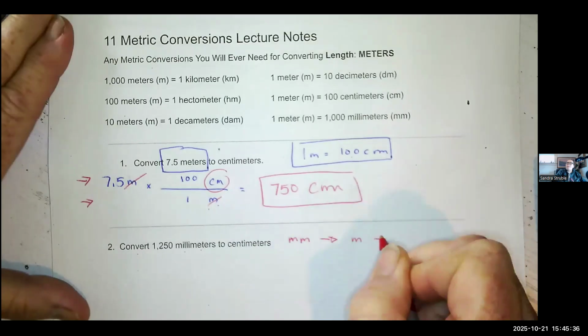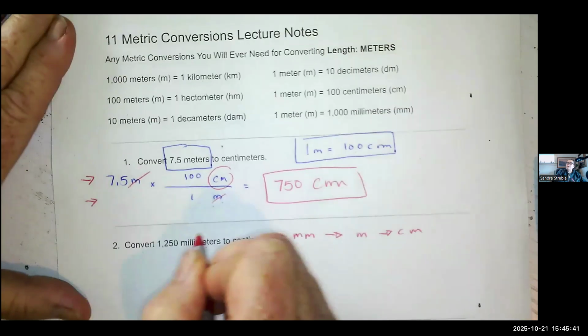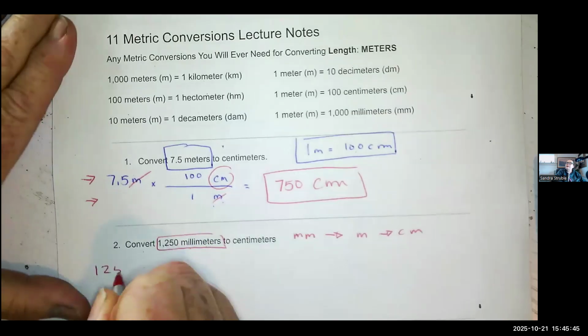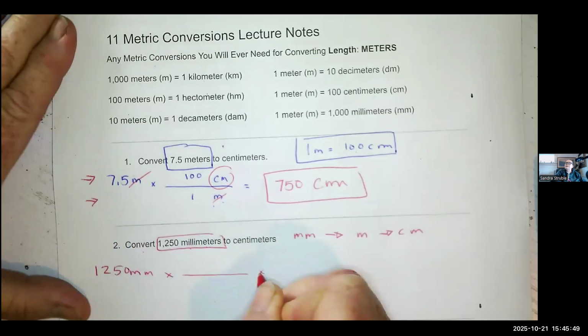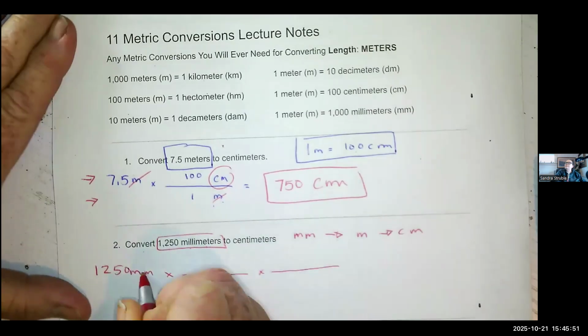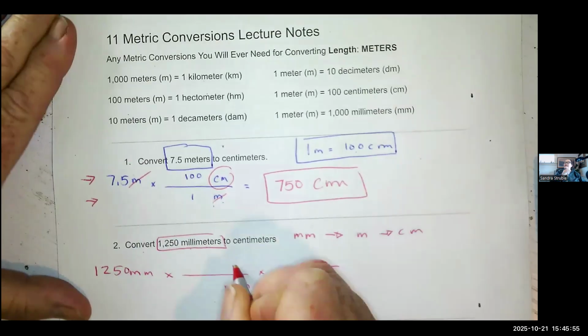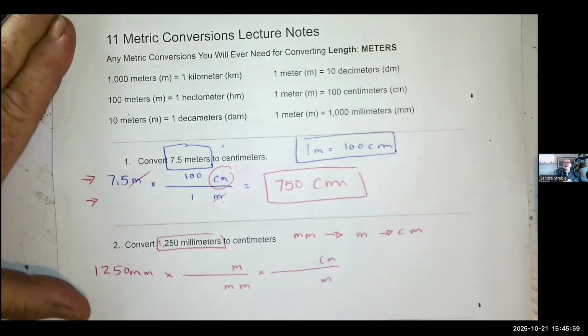Start with what you're given: 1,250 millimeters. I know I need 2 conversions. I need to get rid of my millimeters, go to meters, get rid of my meters, go to centimeters. Every time. This is exactly how you're going to do this. I promise.